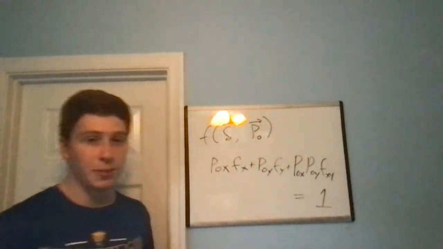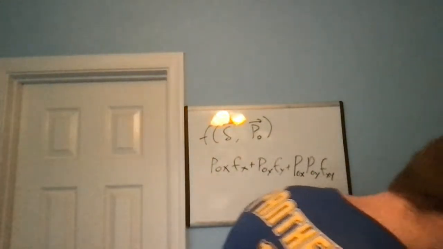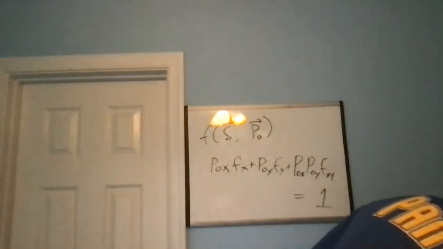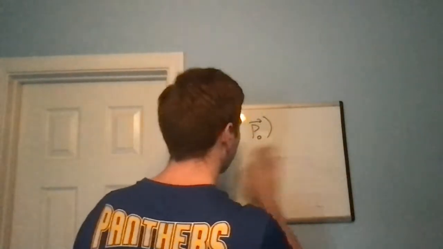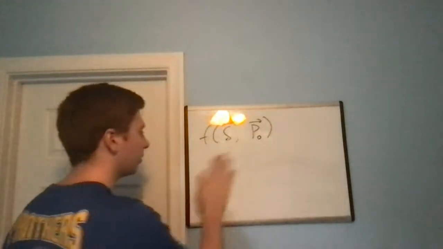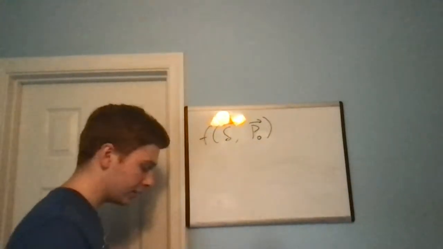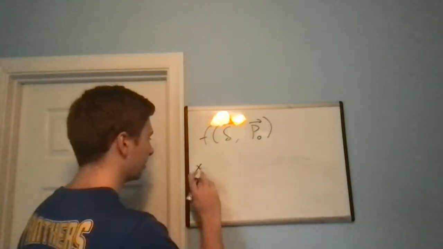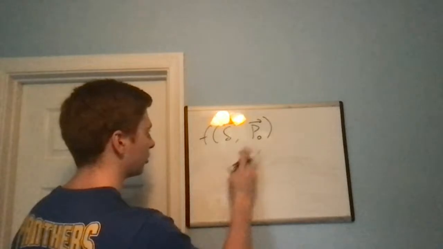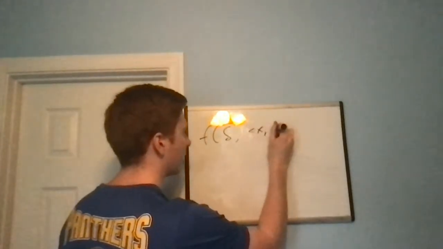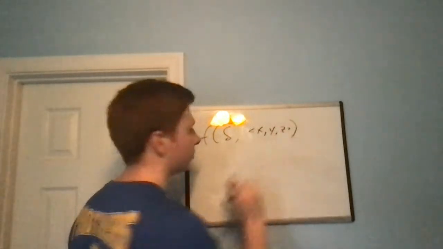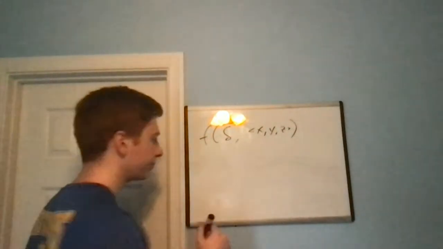But anyway, in general, the pattern is this. For the three-dimensional case, let's say this initial point we're just going to say is x comma y comma z, just to simplify things a little bit.